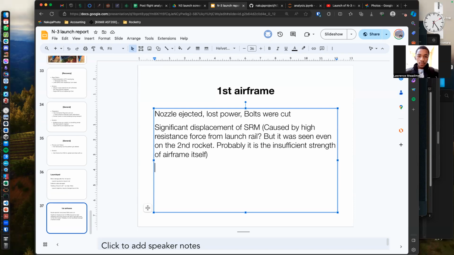That was suggested by Captain Were, so that we do not have an issue of the lug getting stuck. He said that in case there's a little bit of resistance, then instead of the lug being stuck and causing damage to the rail or the airframe, the lugs will just burst and the airframe will continue on its way. So that's what we did for the 2 other subsequent launches after the first one.